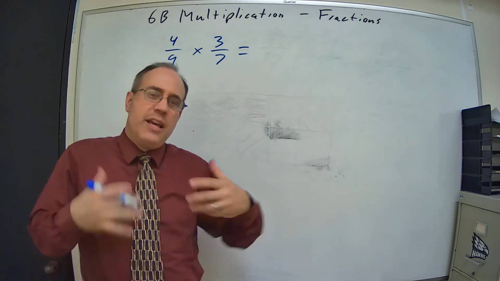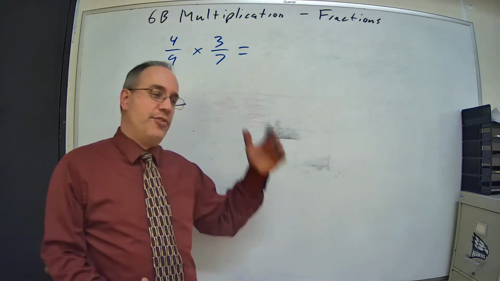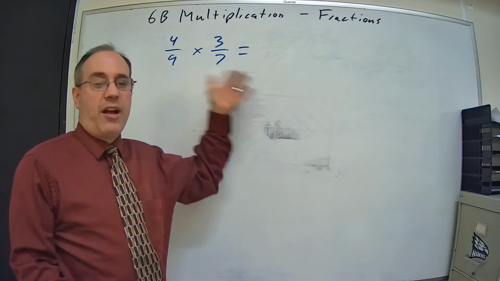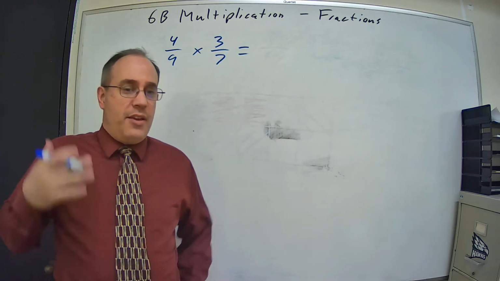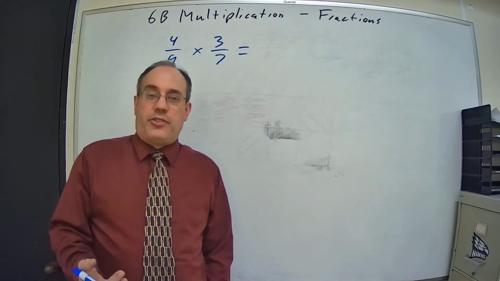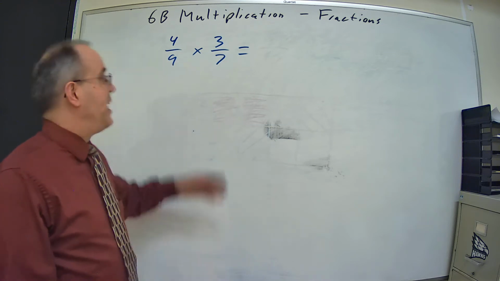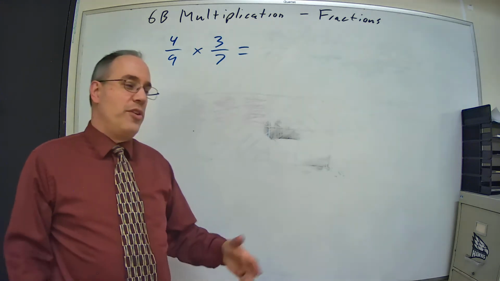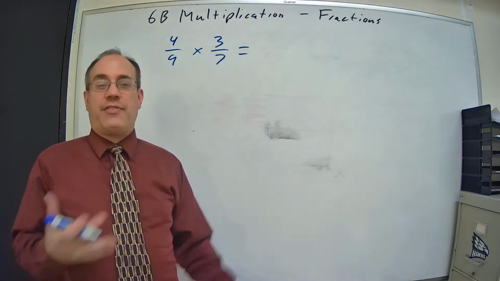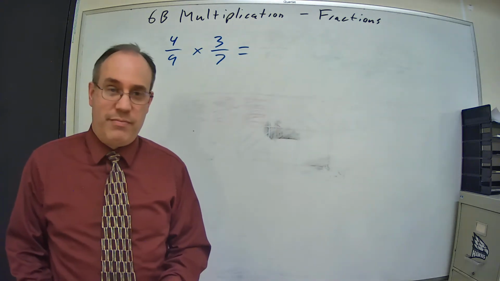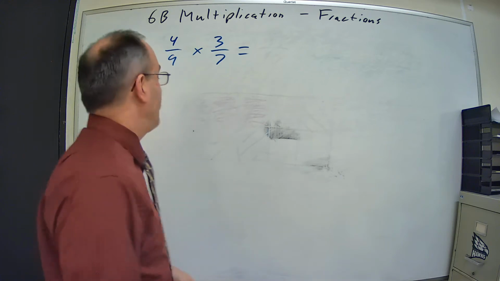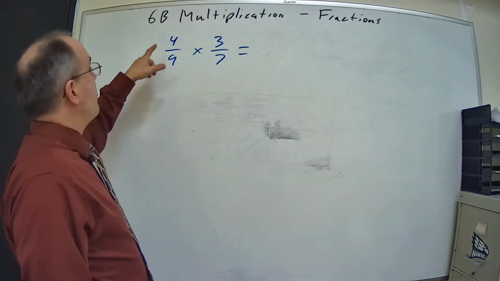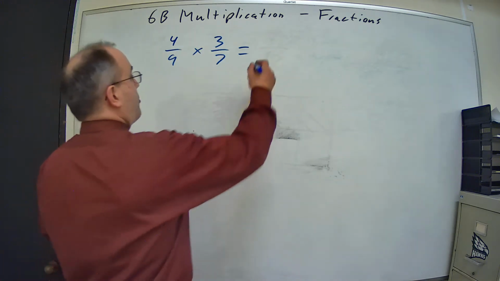In fact, if you do go through the work of creating a common denominator, you're just making a lot of extra work for you because 1, you have to take that effort to find a common denominator. And then 2, when you get to the end, you're just going to have to simplify it back out again. So you're creating extra effort for you. So all we have to do is multiply across.